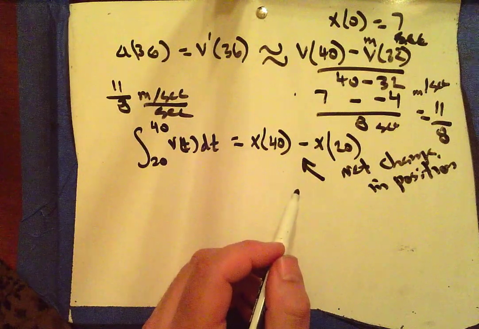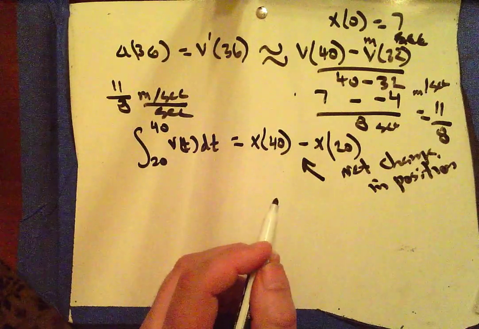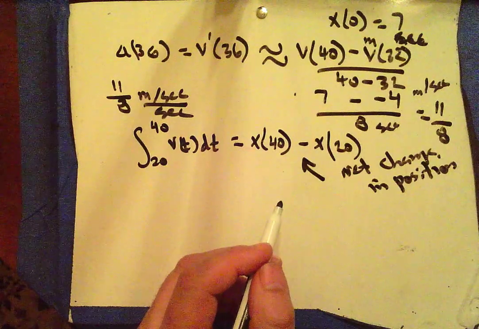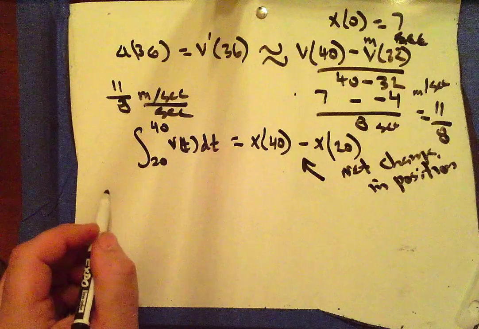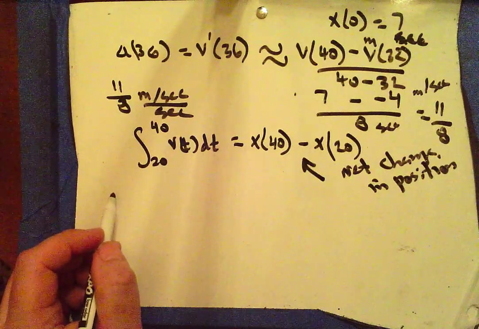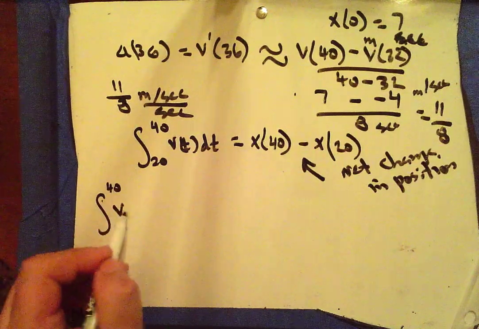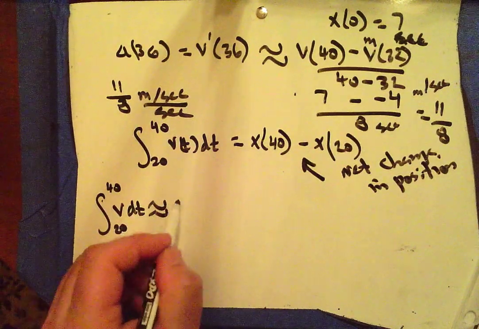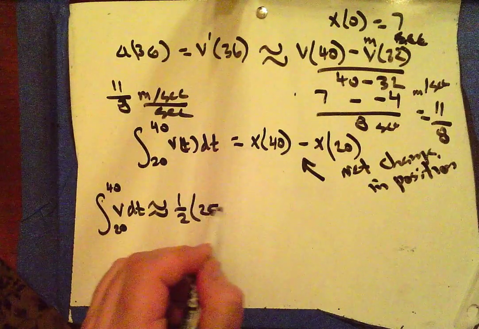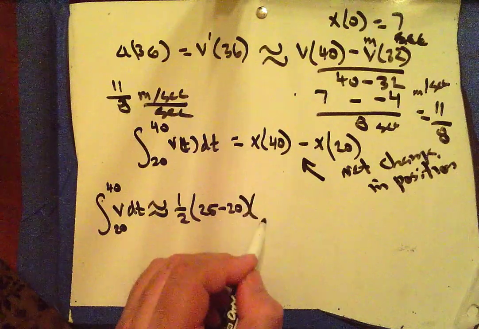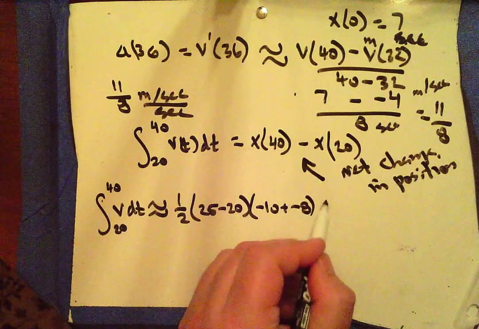So use a trapezoid sum with 3 subintervals to approximate the value. Okay, so trapezoid, 3 subintervals from 20 to 40. The subinterval widths are different, so I have to write the approximation as separate terms. The integral is approximately 1/2 times: the first one goes 20 to 25, and the heights are -10 plus -8.